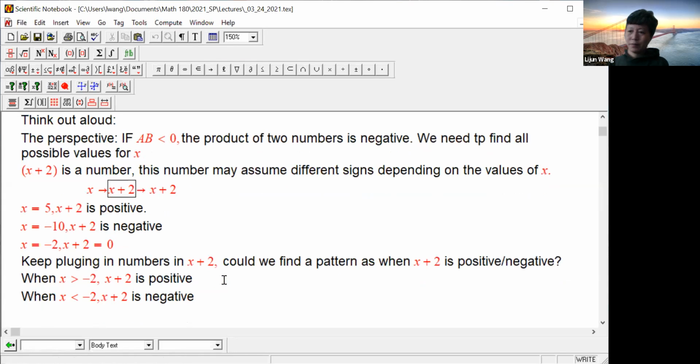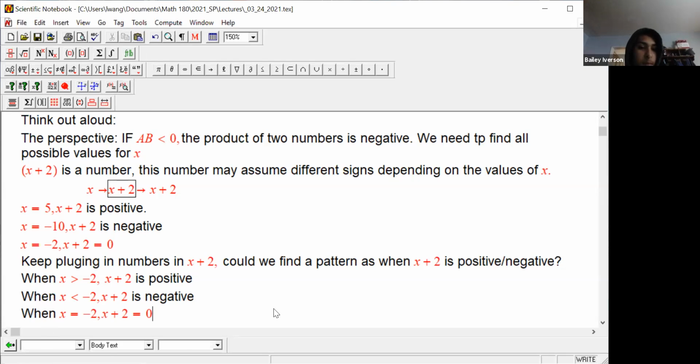And what else? When x equals -2, what happened? x plus 2 is 0. Could I say x plus 2 changes sign at -2? Could I say that?